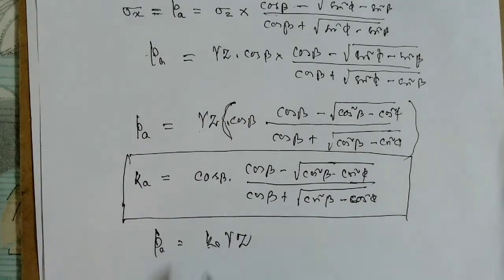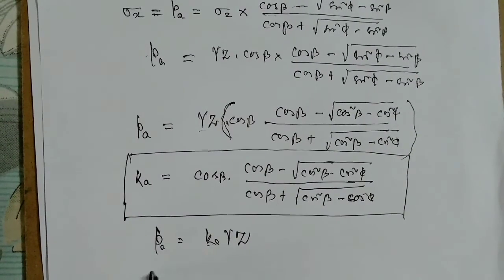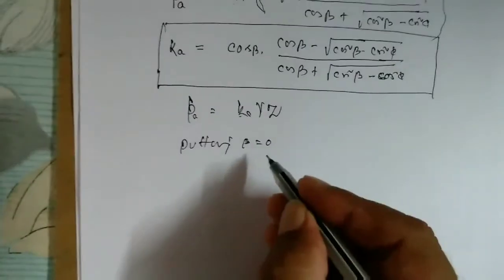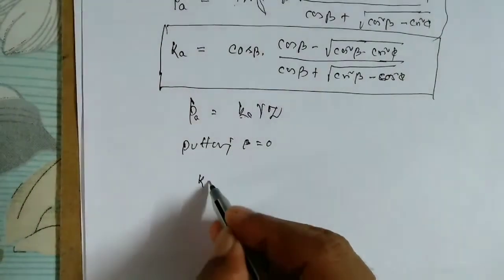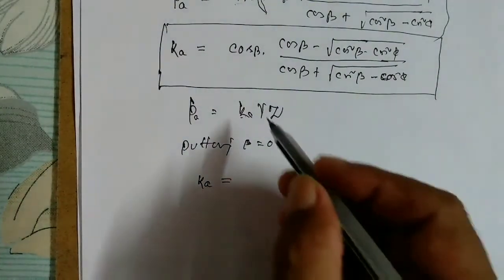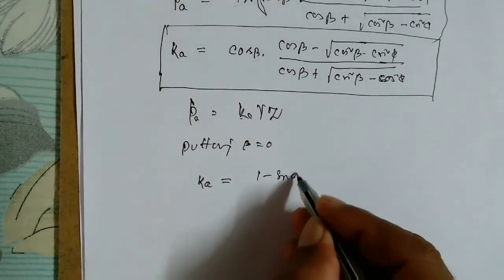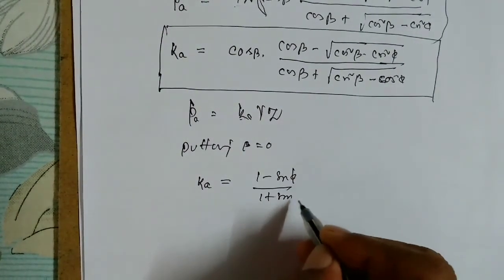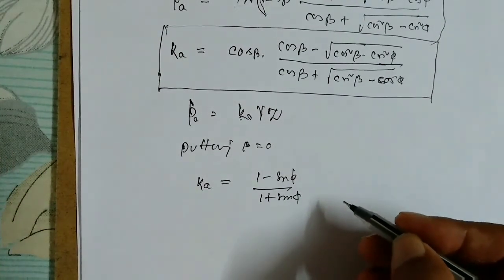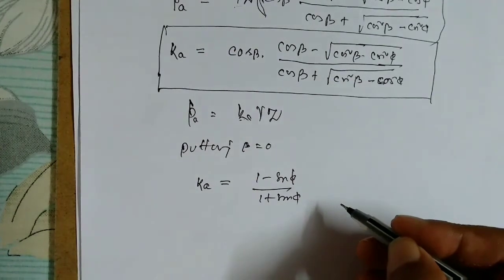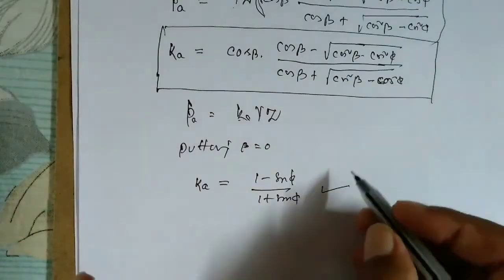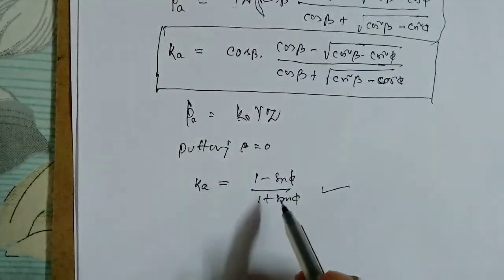Putting beta equal to 0 in the same equation, it is interesting to note that the same expression will give you 1 minus sin phi by 1 plus sin phi, which is the same as the Rankine's active earth pressure theory's coefficient of earth pressure. Okay, that's all. Now, this is the intensity of earth pressure.